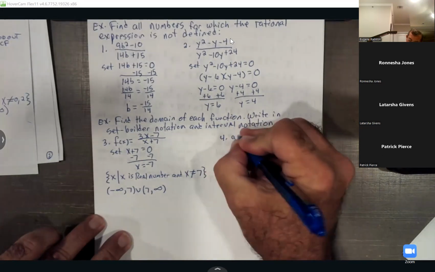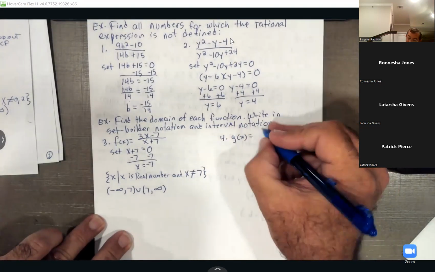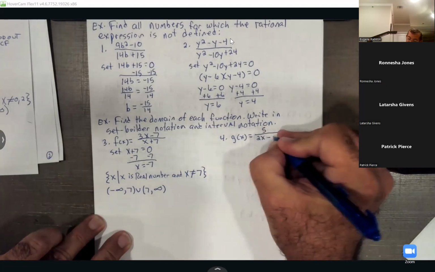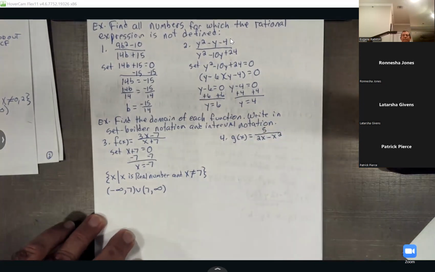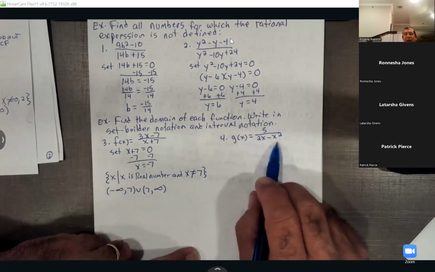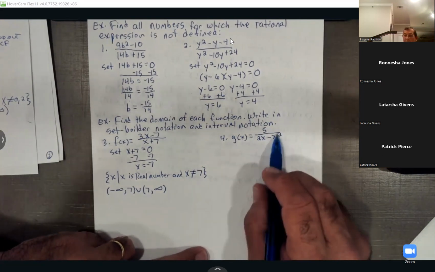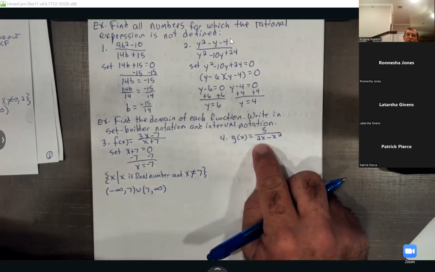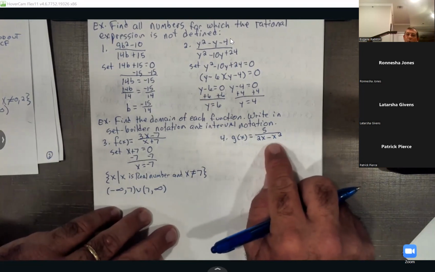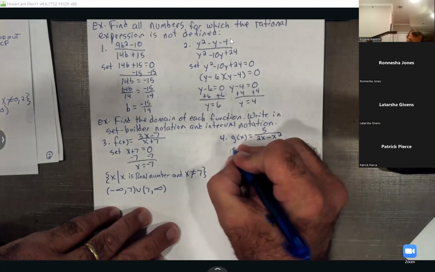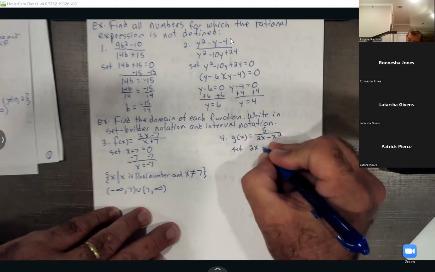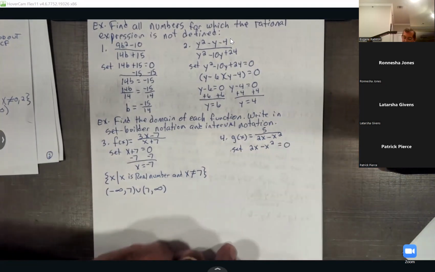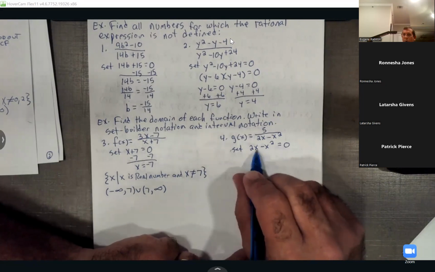So watch this one. G of x equals 5 over 2x minus x squared. This is out of order, but that's cool because it's got an x squared here. I know I'm going to get 2 answers. Since it's not a trinomial, I'm not worried about putting it in order. So what I'm going to do is set 2x minus x squared equal to 0. Now, we don't want to worry about factoring this.